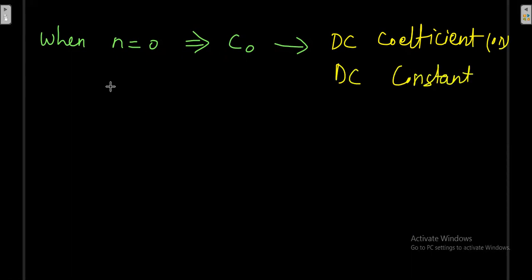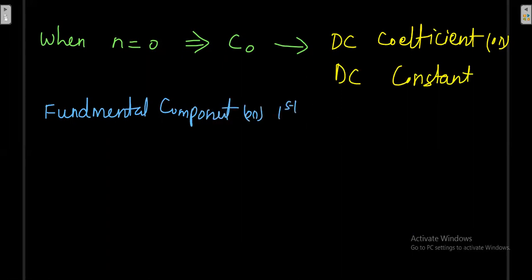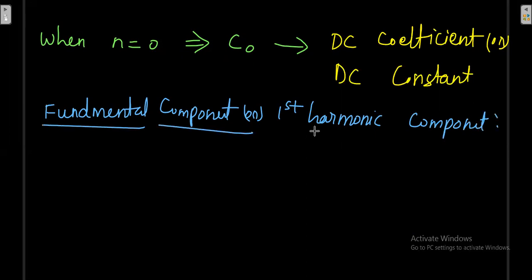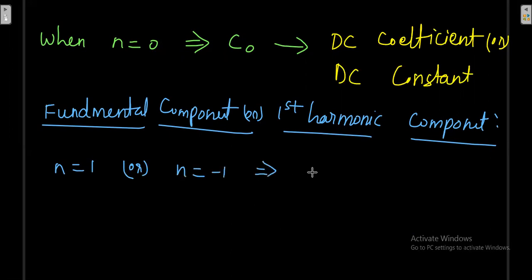Then what about the other terms, C1 and C minus 1? We call that the fundamental component or first harmonic component. When you put n is equal to 1 or n is equal to minus 1, we get c1 or c minus 1.